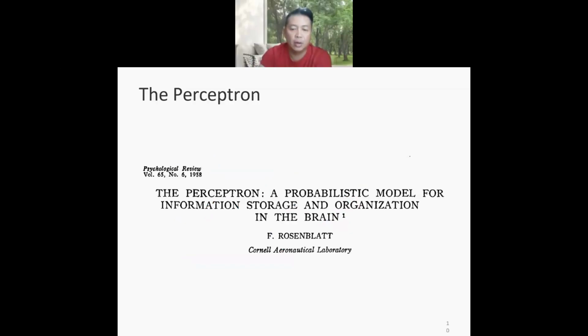So who created the Perceptron? Perceptron was initially coined in 1958. That is the earliest year in which they started thinking about how to imitate human intelligence by looking at the neuron, and also came up with this perceptron.